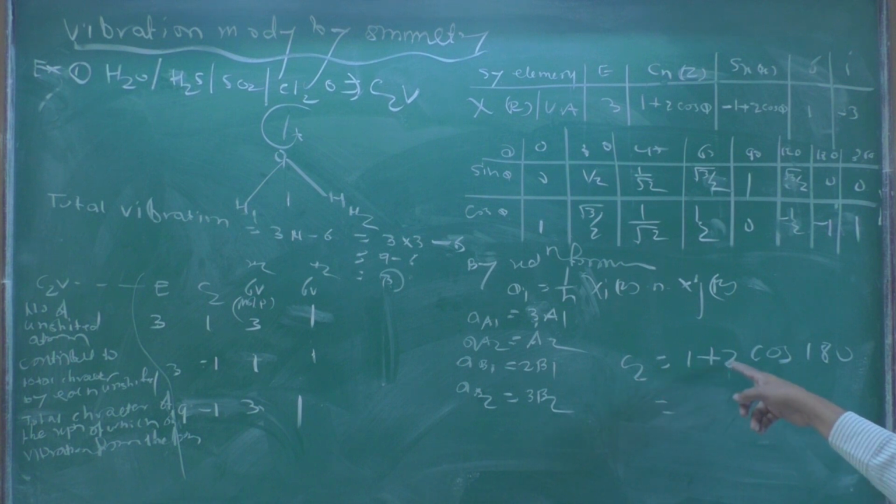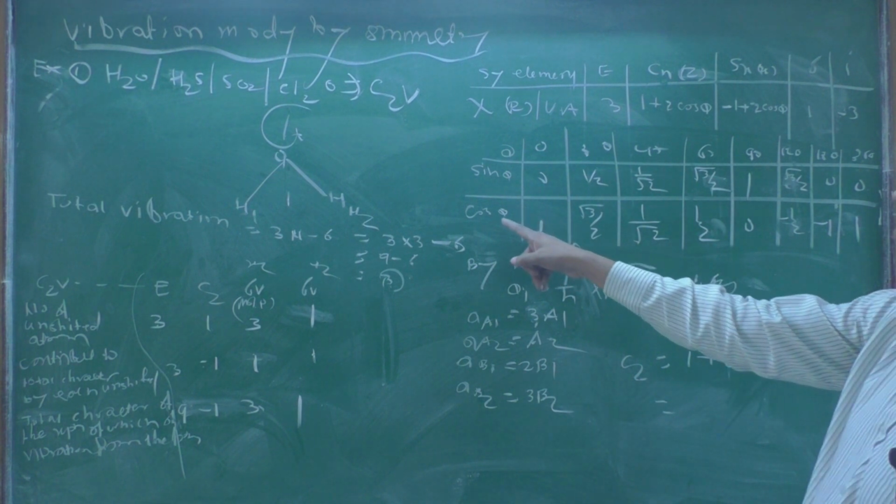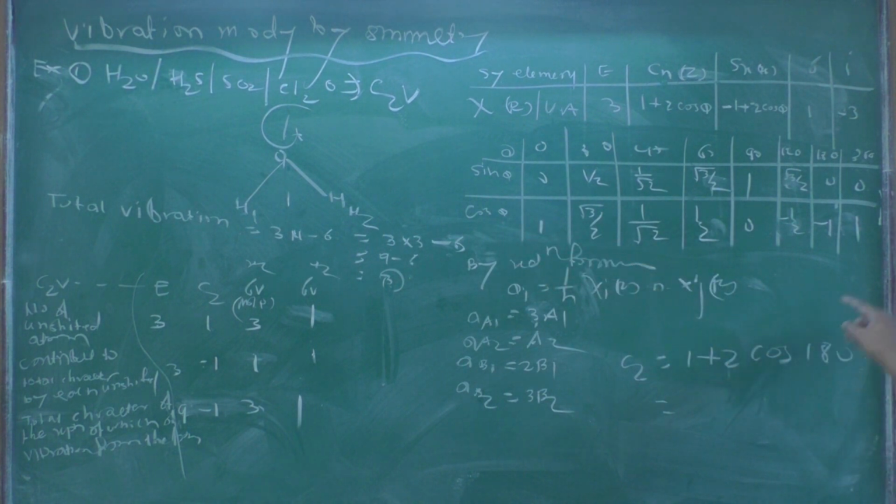So I have to solve this equation: C2 is equal to 1 plus 2 cos theta. You should consider this cos theta, the value of cos 180 is minus 1.